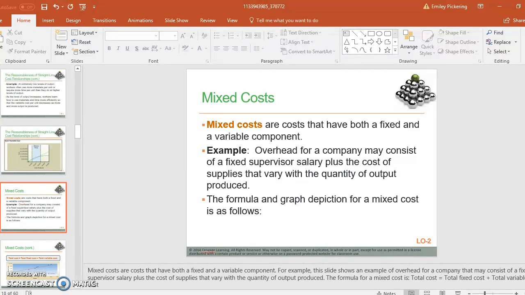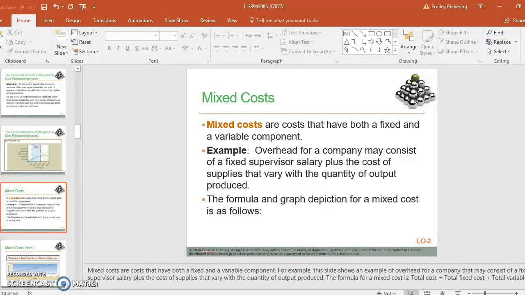All right, let's talk about mixed cost. The book uses a supervisor salary, but I like to use utilities. So let's for example talk about electricity. If you make nothing this month, you'll probably still have some electricity cost just to keep the building running. But the more stuff you make, the more electricity costs you're going to have. The more people you'll have in there, the more lights will be on.